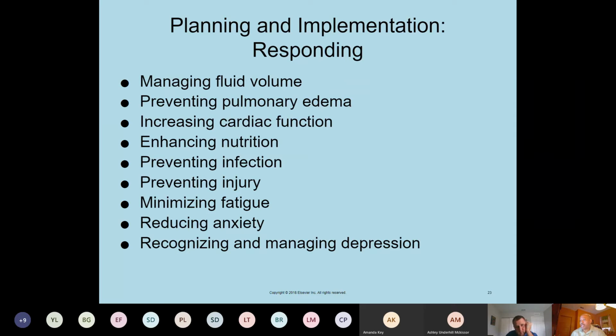Now, when the respiratory function worsens, these patients may ultimately have to be intubated. So go ahead and read about that as well. Read about the cardiac function.